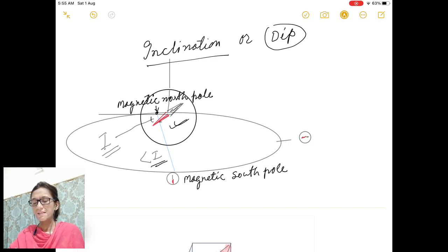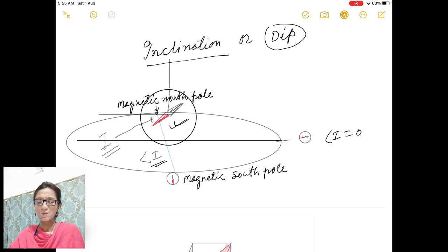Now if you place the compass needle near the equatorial plane, near the equator, you will find that the compass needle is exactly along the horizontal direction. So here the angle of dip becomes equal to 0.